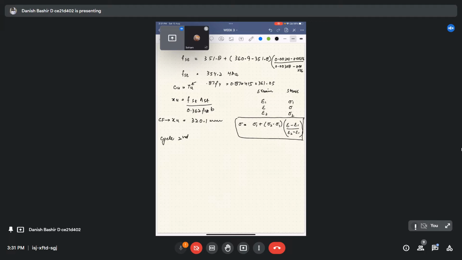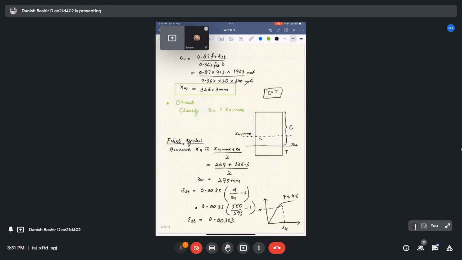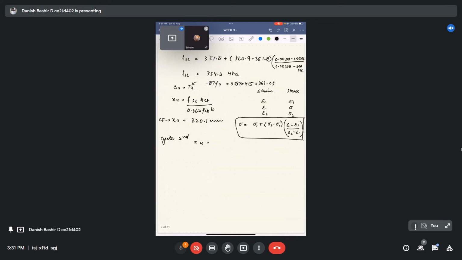Cycle second. We will assume XU now as the average of this 295 value and what we got, 320.1 plus 295 by 2. Taking the average of these two values, we get 308 mm.